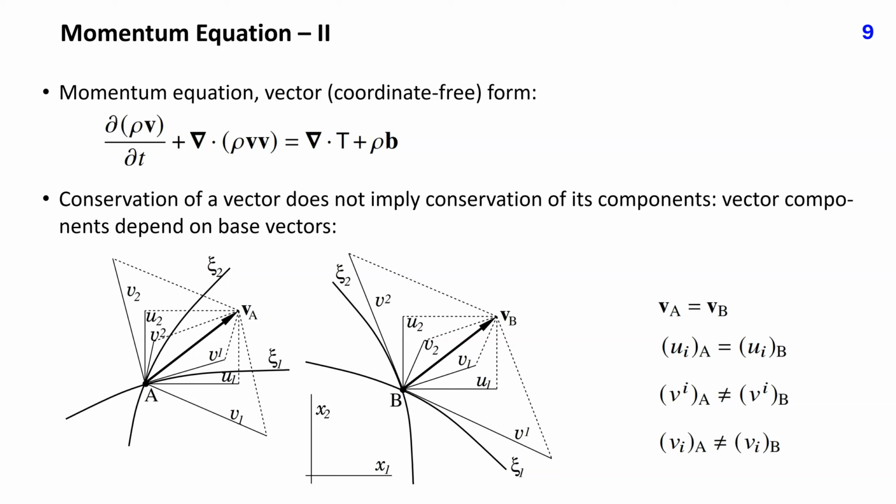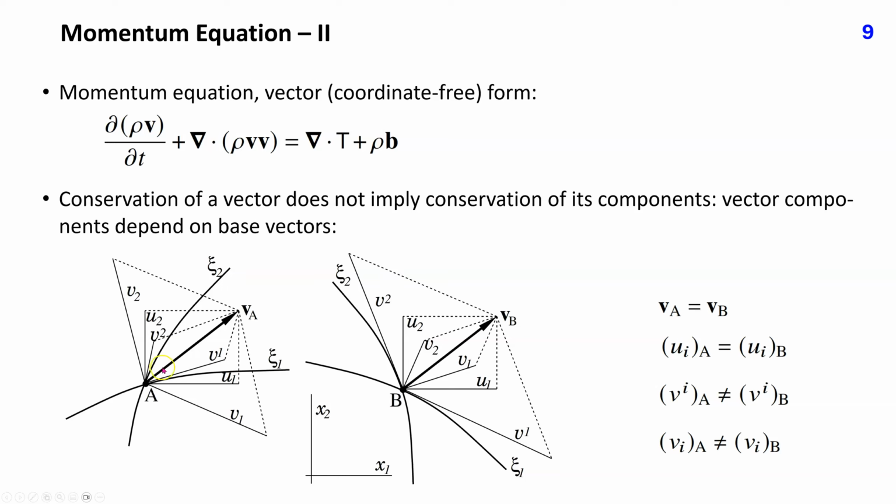As already mentioned, this equation needs to be split into three equations for the velocity vector components. The problem is that conservation of a vector does not imply conservation of its components. Vector components depend on base vectors, and only when base vectors are not changing are components automatically conserved if vectors are conserved. The problem is illustrated in this figure.